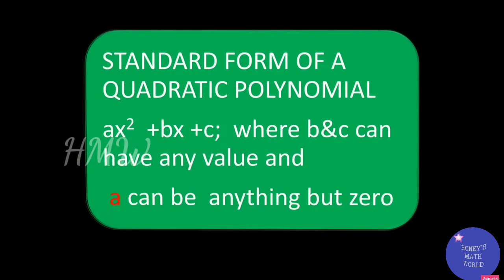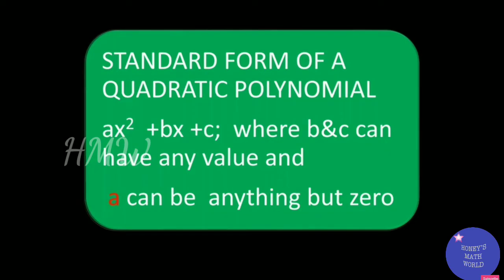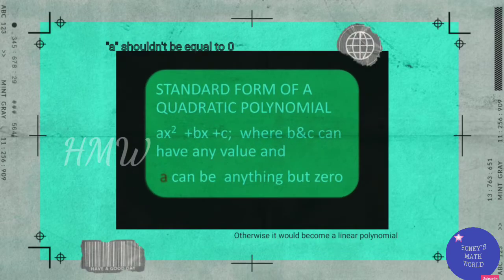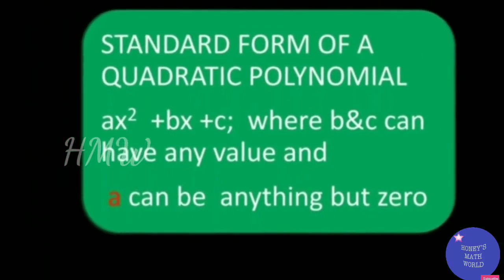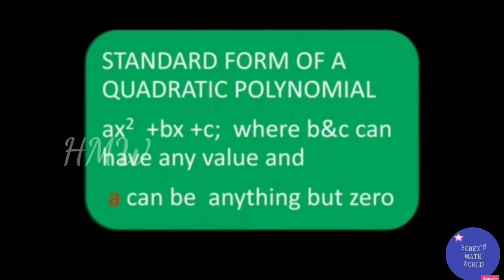The general form or the standard form of a quadratic polynomial is ax square plus bx plus c, where a, b and c can have any value with only one condition: a should not take the value 0. If a is 0, then it is no more a quadratic polynomial, it becomes a linear polynomial.